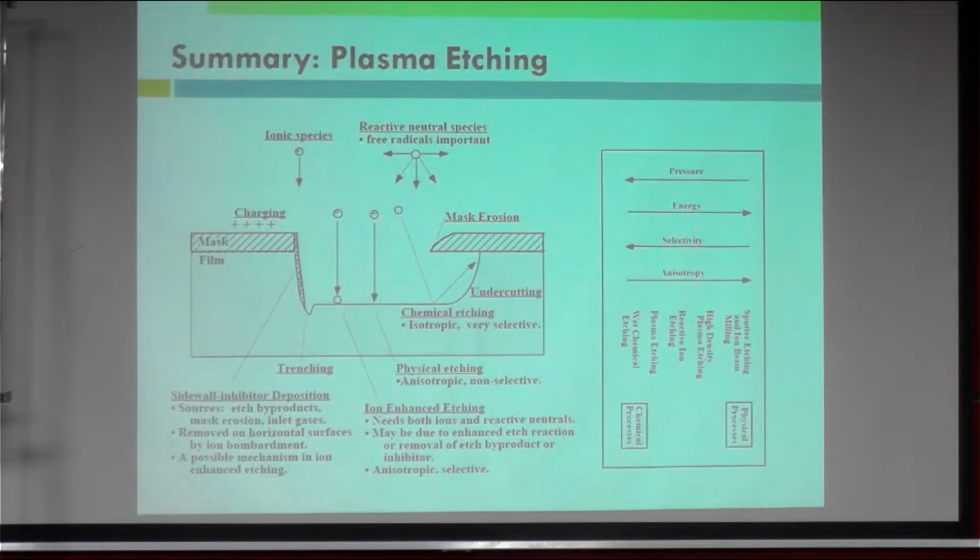In summary, the plasma etching we have discussed can be controlled in order to have a straight etching process by avoiding the undercutting that happens with chemical etching. For example, you can control the bombardment of the ions and have the inhibitor deposited on the side wall over time while the process is happening.